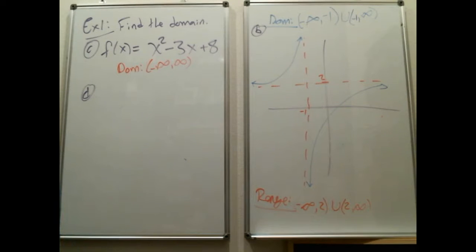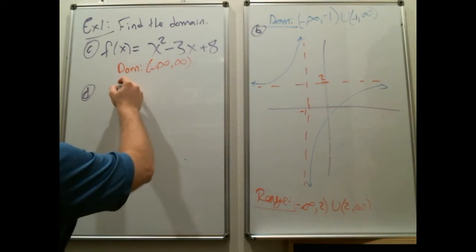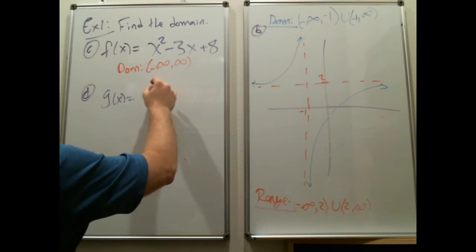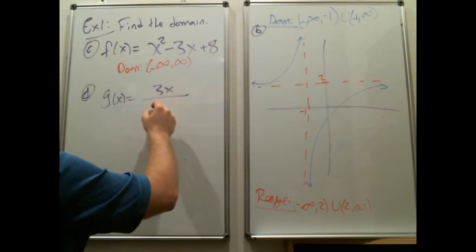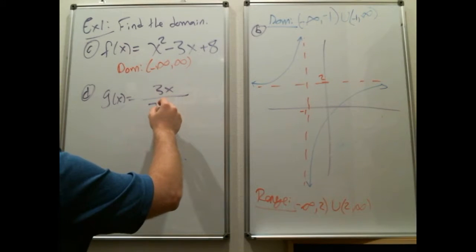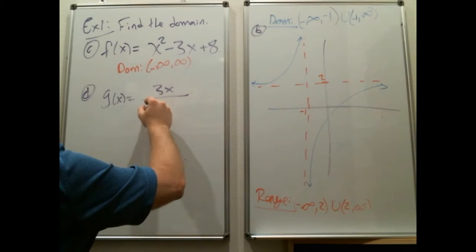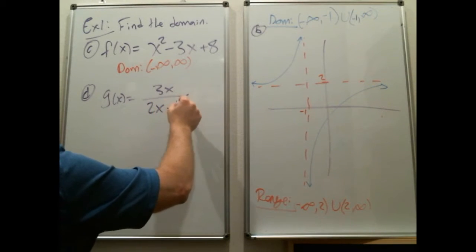Let me get my example here. What about, let's call it g of x is equal to 3x over, sorry, 2x minus 4.